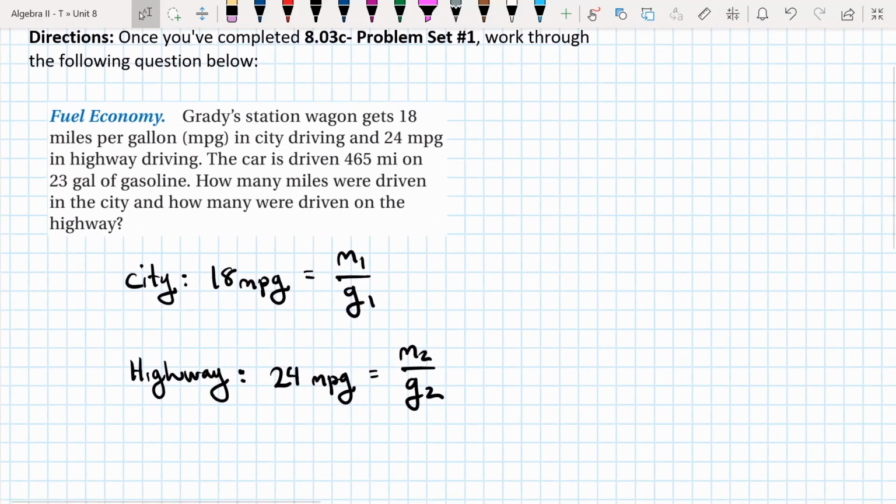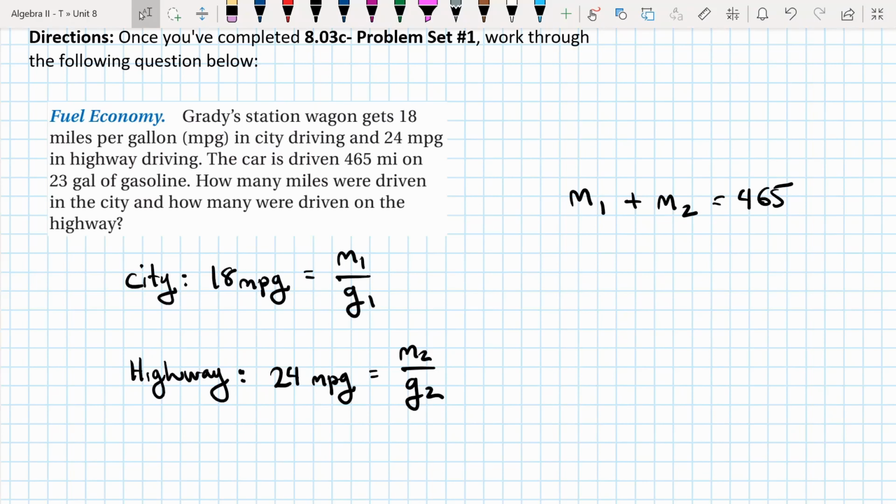So let's set up two equations that model this scenario. Equation number 1: the total amount of miles in the city plus the total amount of miles on the highway is equal to 465. So M1 is the miles driven in the city, M2 is the miles driven on the highway.